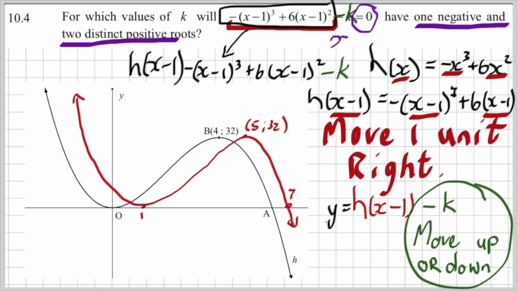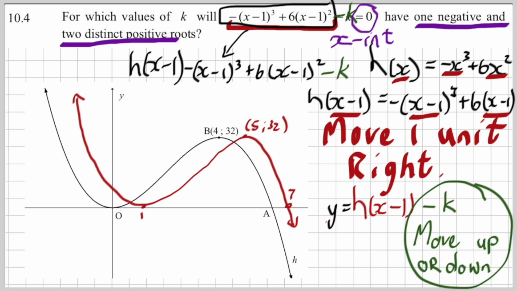So in other words, x-intercepts. That's actually what they're asking me for. So if I take that red graph that I drew, the movement of 1 unit right, and I start moving it up or down, how will I have to move it so that I've got 1 negative x-intercept and 2 different positive x-intercepts?